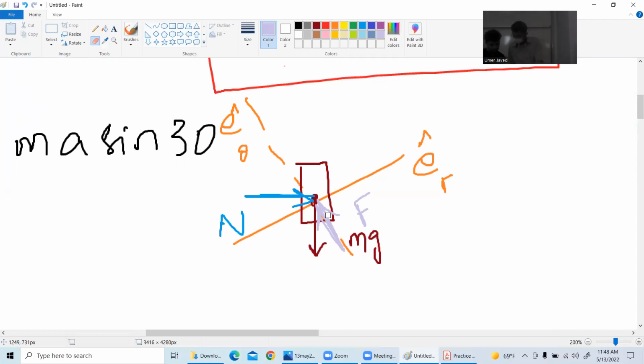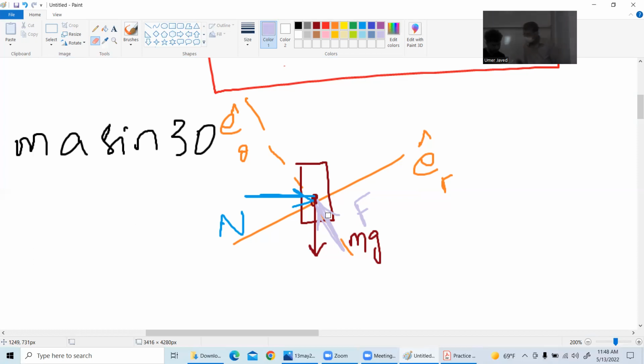When you make a free body diagram, you will put the arrow on this wall from the left to the right, because this is a ball kind of thing, a cylinder in a slot. So when it is going like this, you will put an arrow like this.